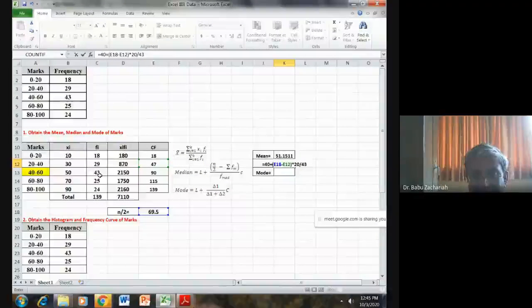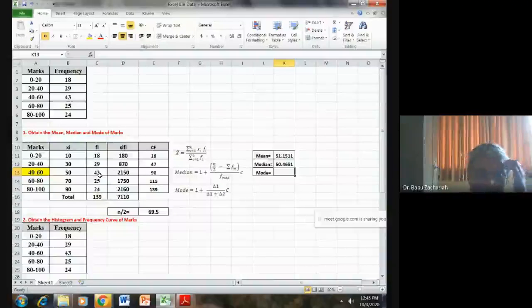That's enough. Similarly, for mode, look where the highest frequency comes. The highest frequency is 43, so the mode class is also the same, 40 to 60.